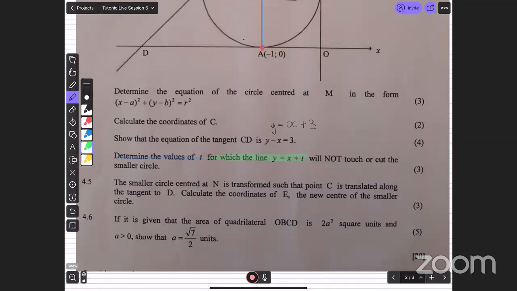It will shift the graph. How will that shift? Up or down? Horizontally? Vertically. Vertical shift.